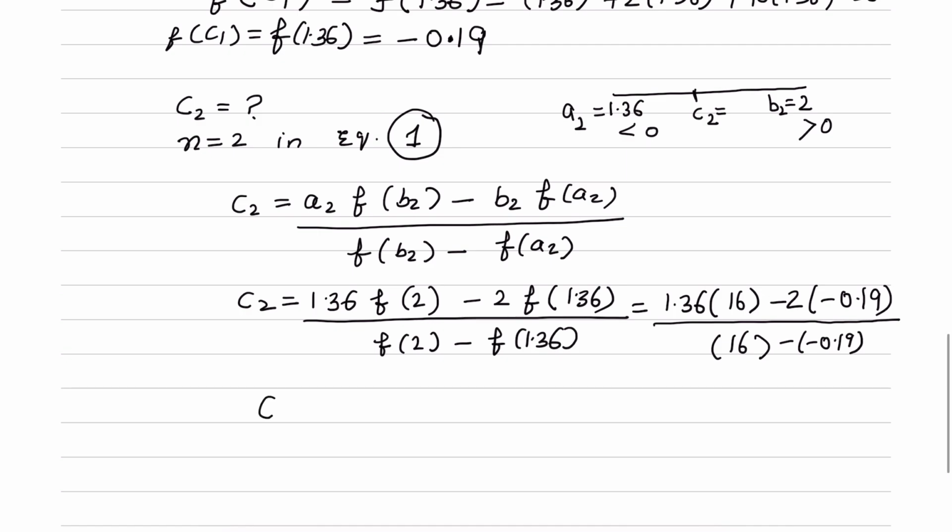Now when we use calculator and do the computations, we have c2 as 1.37. On the right hand side, we will write c2 as 1.37.